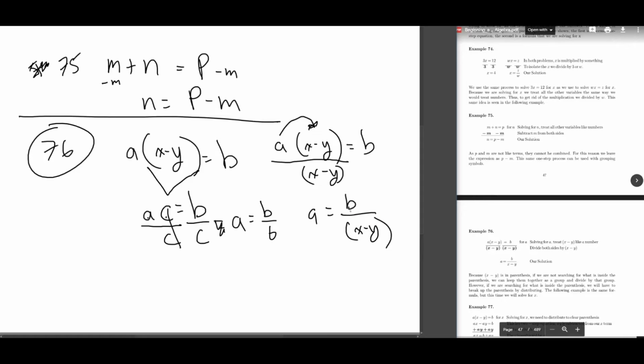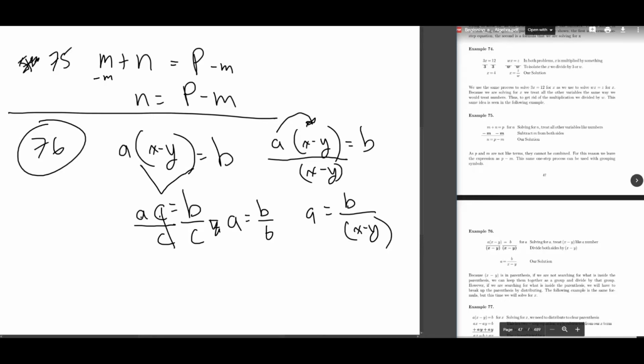That's your solution. Pretty awesome. We don't care what's inside x minus y at this point. We just want to solve for a, and we do that by treating these bracketed letters as individual items, as if they were numbers.